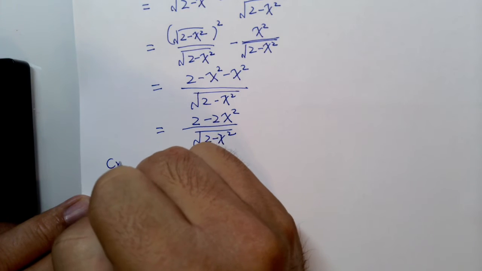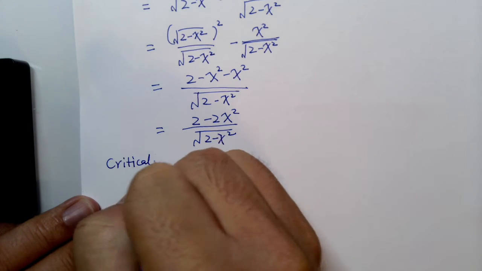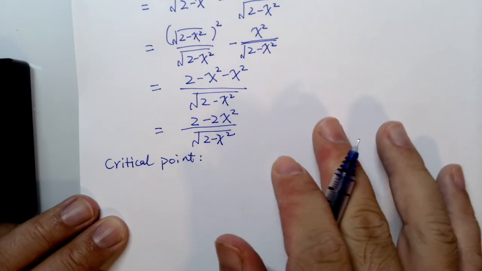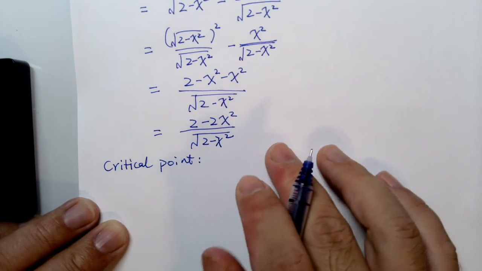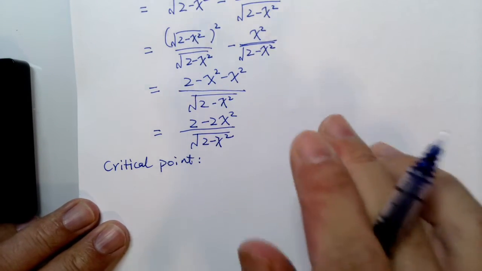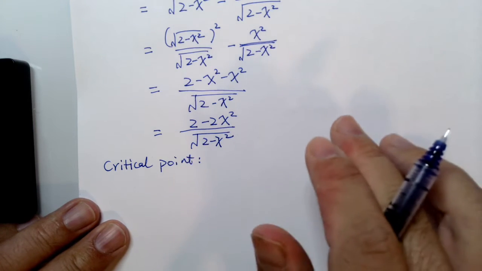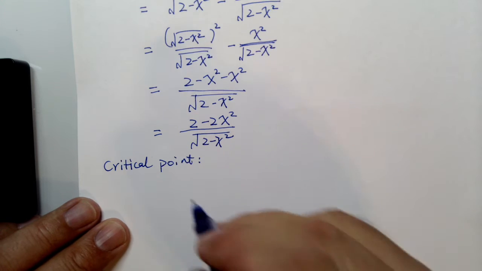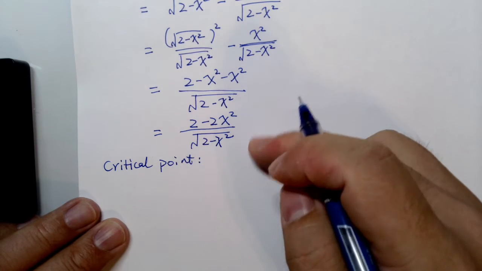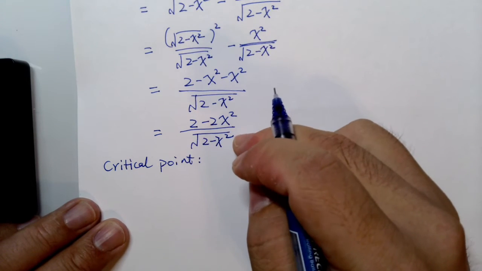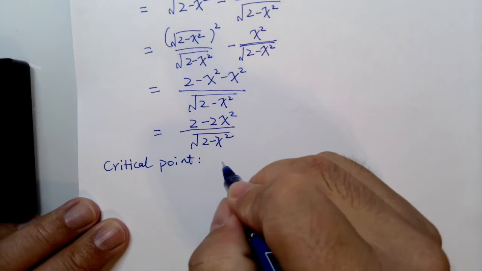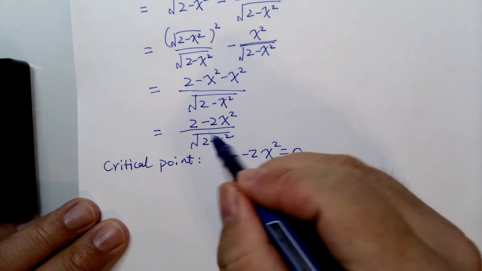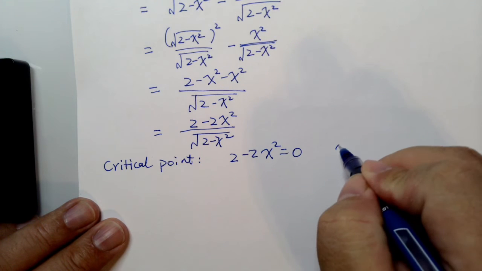Now, to find the critical points, remember the critical points are those values that either make my derivative equal 0 or make my derivative undefined, right? So when 2 minus 2x squared equals 0, that is when the numerator equals 0, you can solve for that.